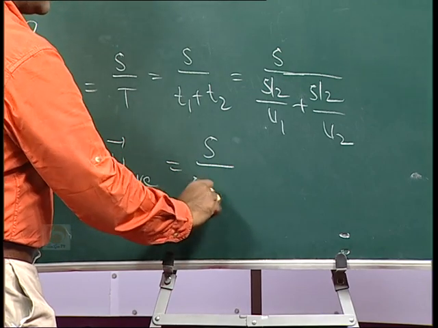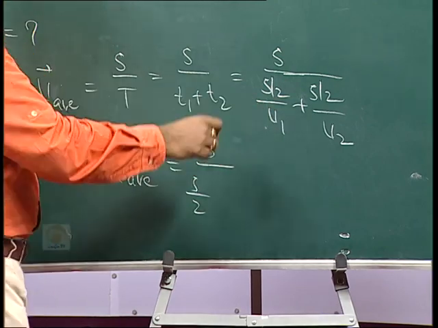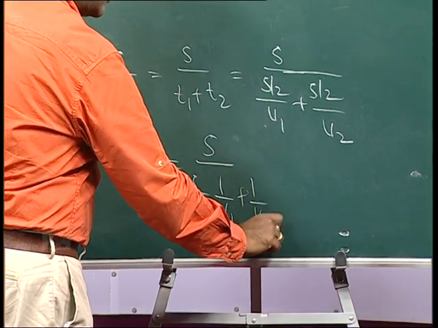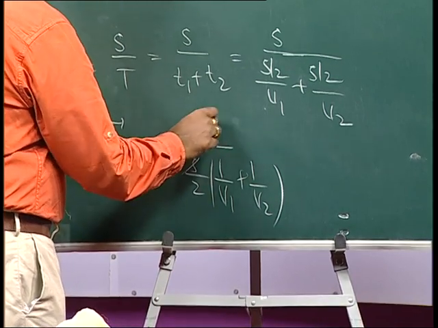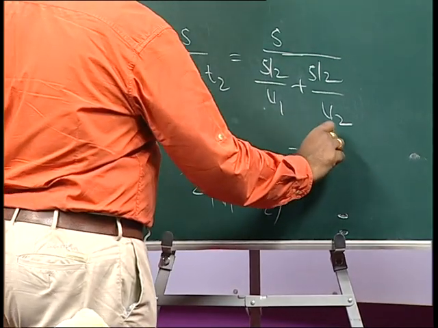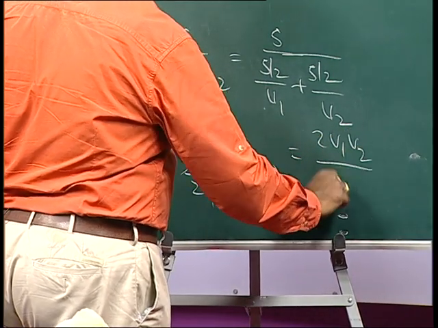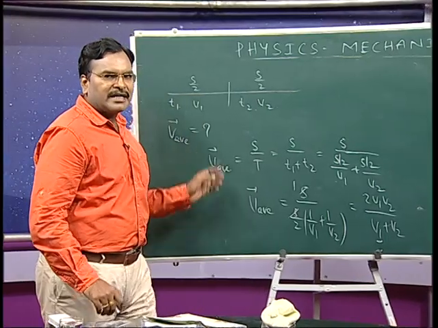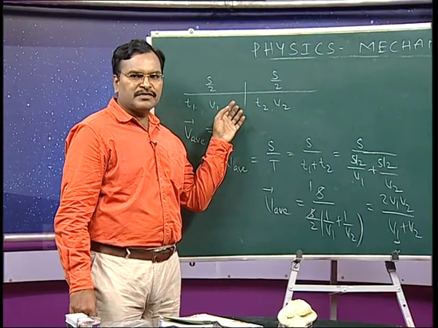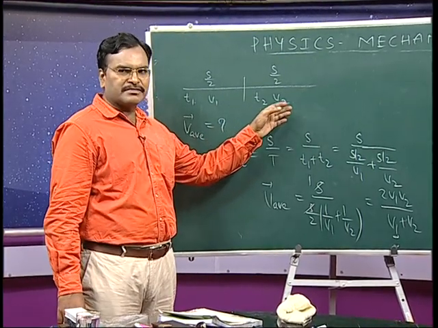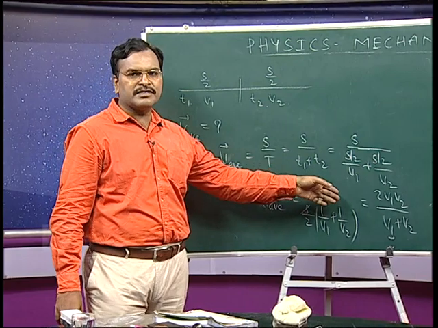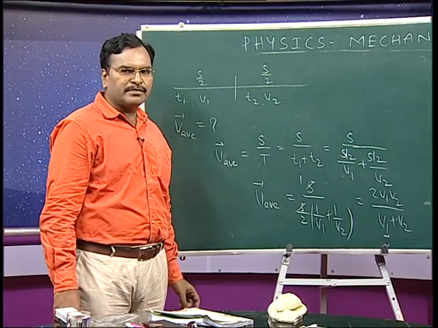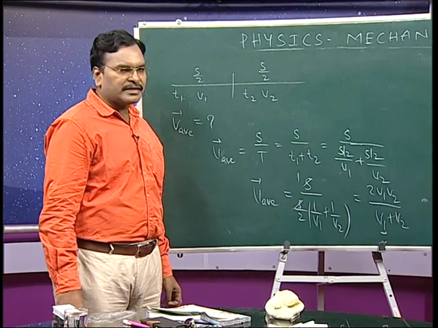Suppose the displacement is the same but the velocities are different, so the times are also different. V average is S by (t1 plus t2). Time is displacement by velocity, so t1 is S by 2 by v1 and t2 is S by 2 by v2. Taking S by 2 common in the denominator, we get 1 by v1 plus 1 by v2. S gets cancelled, and we get 2 v1 v2 by (v1 plus v2). So if a particle covers half of the displacement with velocity v1 and the remaining half with velocity v2, the average velocity is 2 v1 v2 by v1 plus v2.